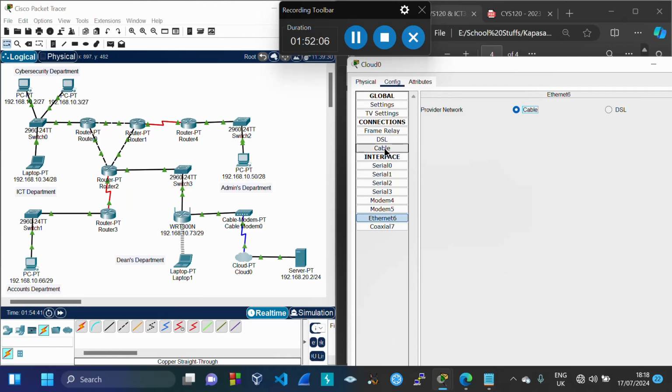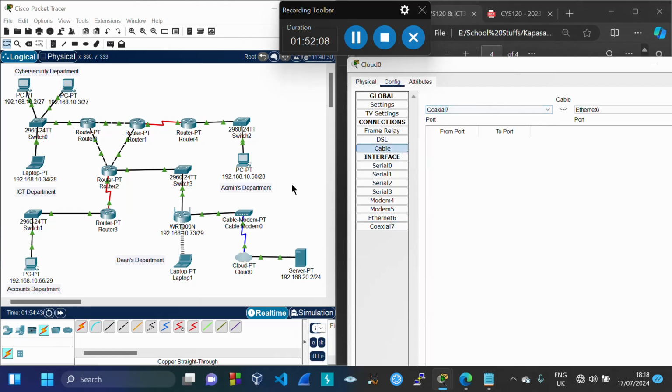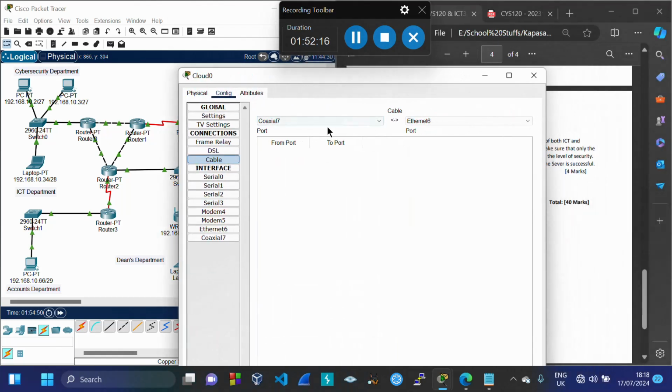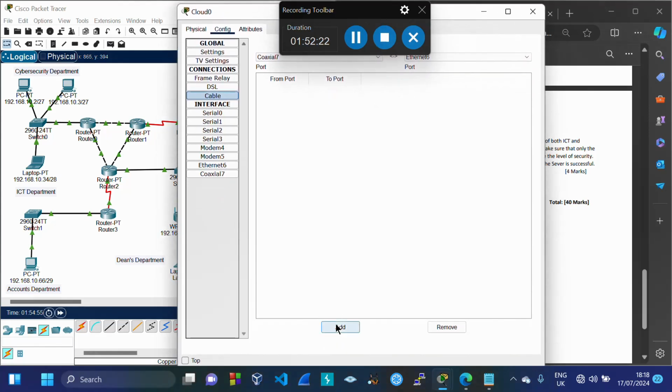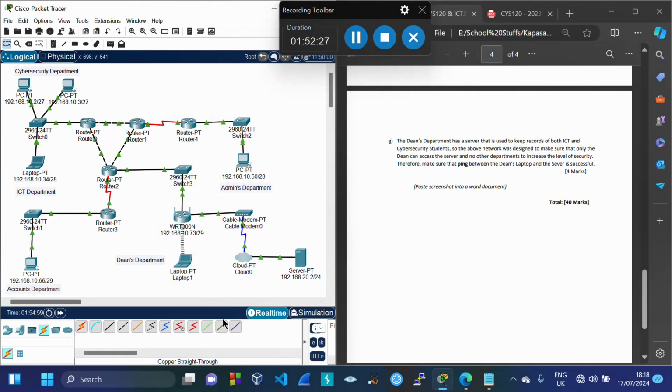Then under cable, we connected coaxial 7 to this Ethernet 6. So we'll just say coaxial 7 to Ethernet 6. Then we need to add these ports because that was our connection. So once we add, it means we've configured that cloud.